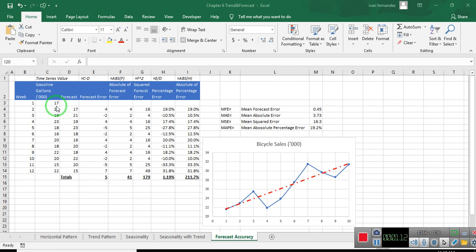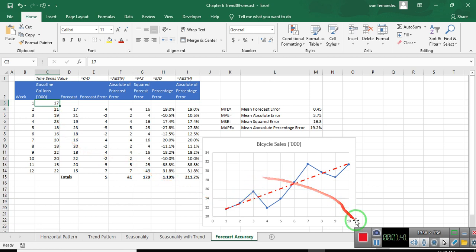Under the naive forecasting method, all you're going to do is take the observation in the current period and apply it to the next period as your forecast. So if in week 1 you sell 17, your forecast is that you will sell 17 again on the next period, and so on and so forth.